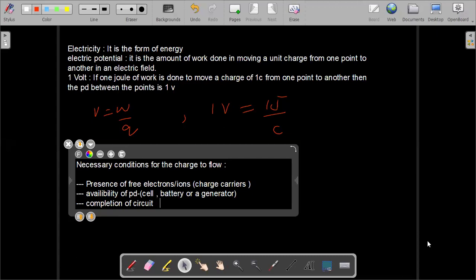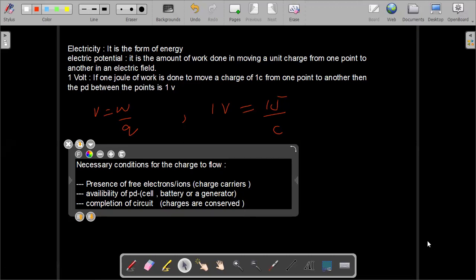The reason is that the charges are conserved. Since the charges are conserved, the completion of circuit will assure that the charges are conserved. That means if the negative terminal of the battery is providing some charges, the positive terminal of the battery should absorb the same amount of charges.